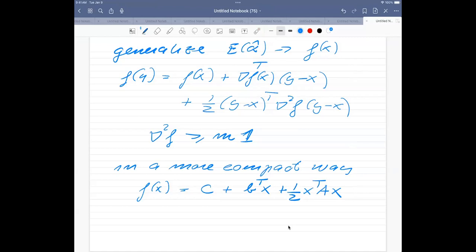For us, the interesting case is the second derivative, and this is the quantity which we normally want to avoid calculating. When we look at the derivative of f of x, we want that to be 0. In this particular case, that leads to a standard problem you have seen many times, that A x is equal to minus b, which means that the unknown quantity x is given by this standard linear algebra problem.